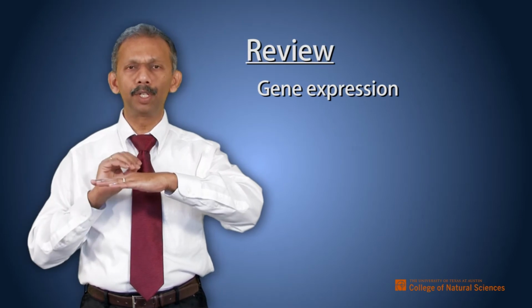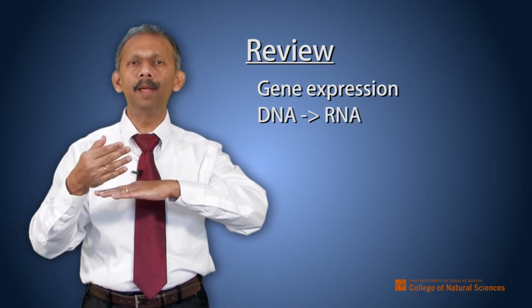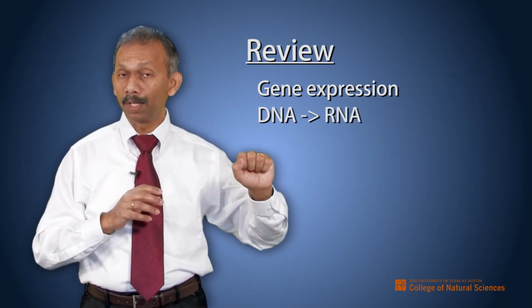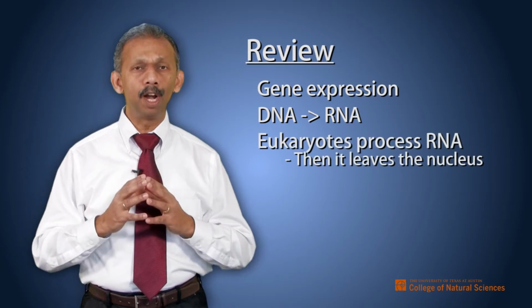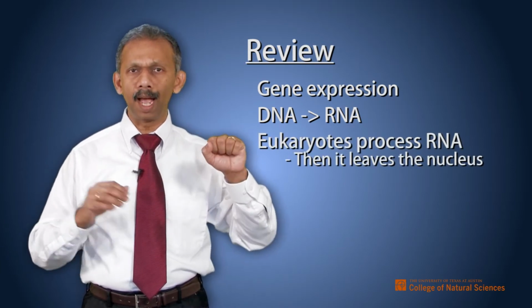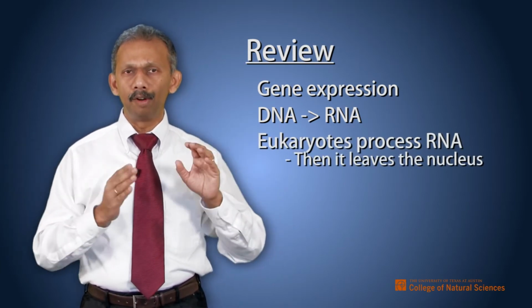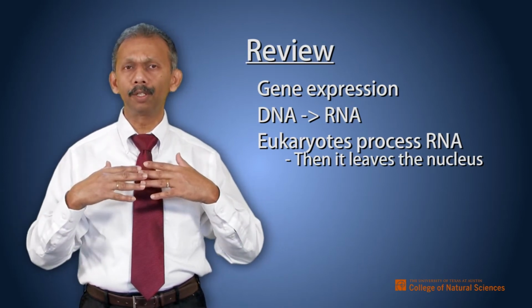Just to review what we have seen, gene expression is expressing the information stored in DNA in the form of RNA, and that happens when transcription factors bind to the promoter, open up the DNA, and make the RNA. Then in eukaryotes, the RNA processing happens by adding a G cap and poly A tail and removing introns and joining exons.